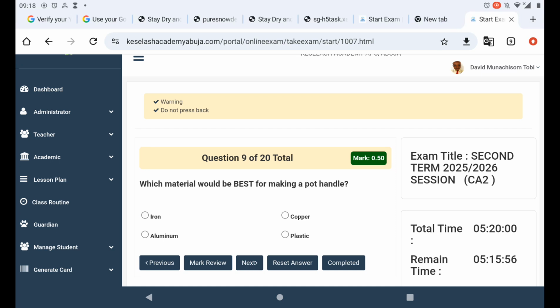So I'll press next. Which material would be best for making a kettle? I think it's plastic. Yeah. If you think it's copper, if you think it's iron, smash that like. If you think it's aluminium, comment.